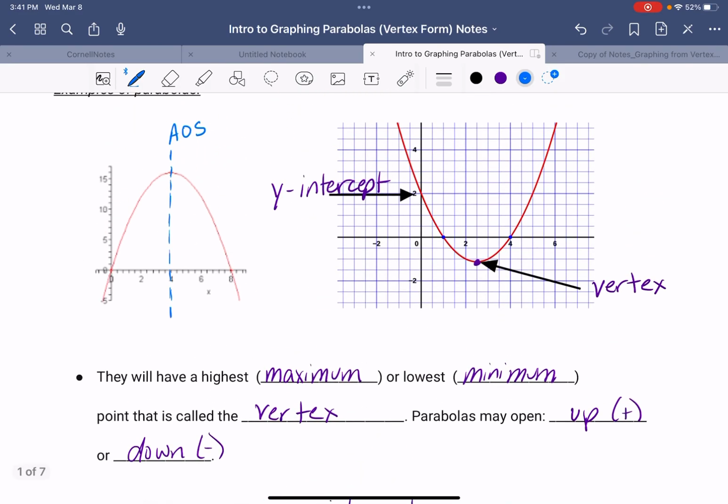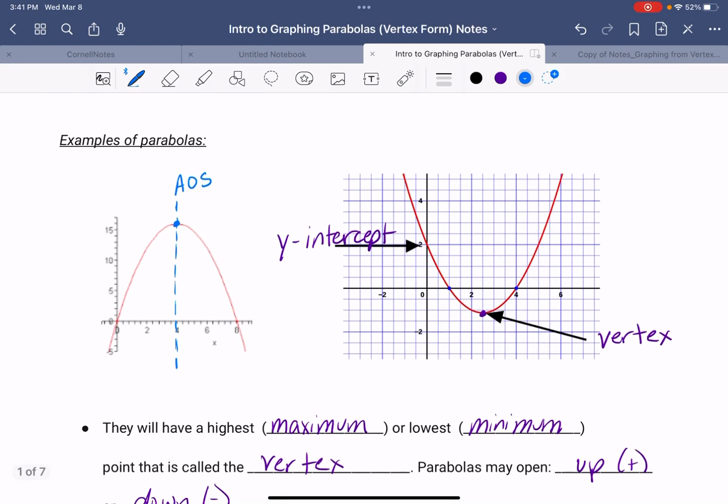So when we plot our vertex, so here's our vertex on this particular one, my vertex is at 4, 15. Well, my axis of symmetry is the same as x is equal to 4. Okay? So that would be my axis of symmetry on this particular parabola.